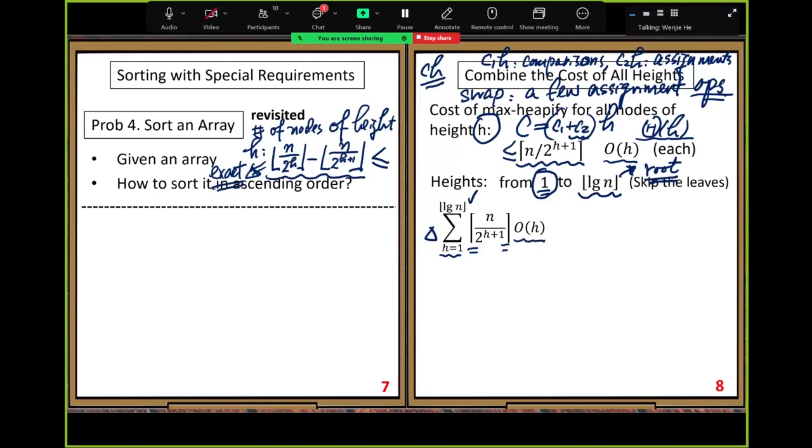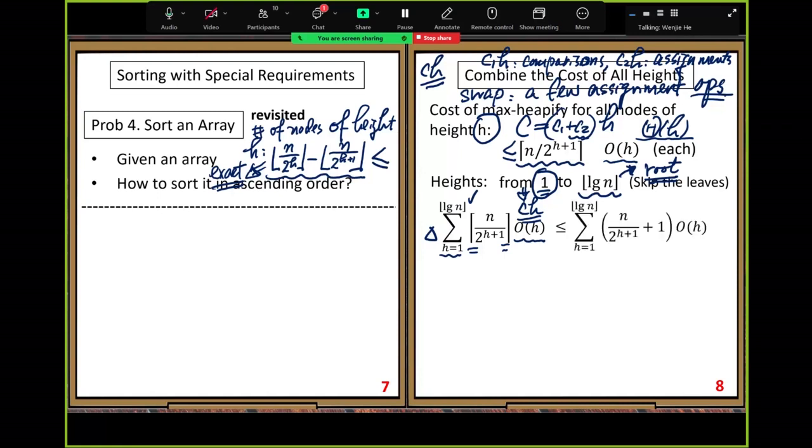Here, because we look at the upper bound, you can consider a certain constant C times H. Because it's hard to do math calculation on asymptotic notation, it's better to use this expression, constant C times H.